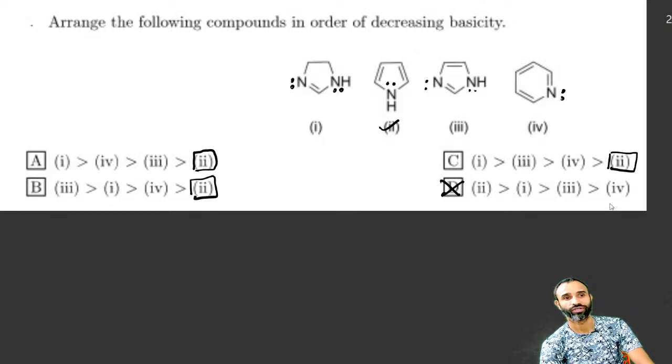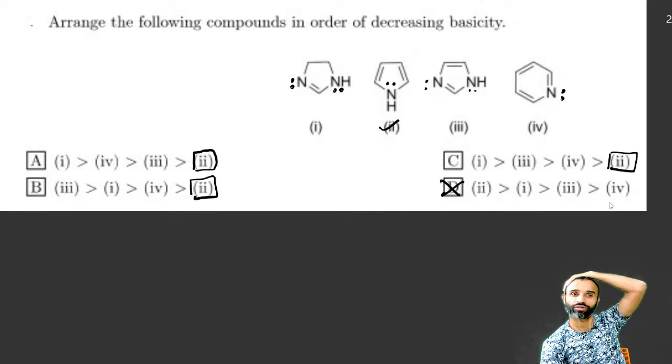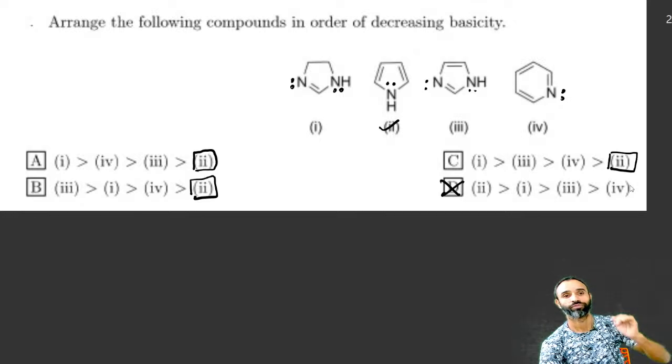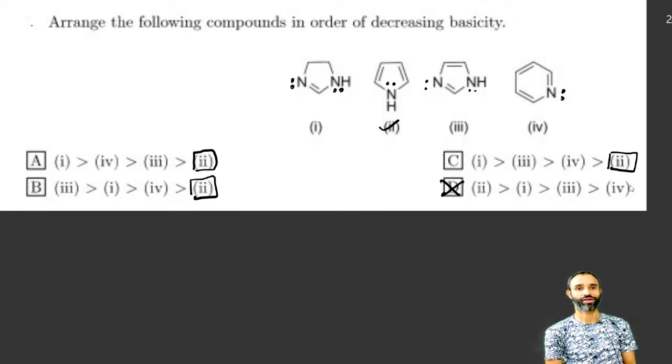Yes, lone pair is involved in it. And which one is the least basic? Option 3, sir. Option 3. Why? Because of the sigma lone pair group, sir.